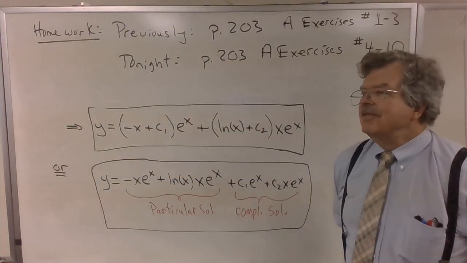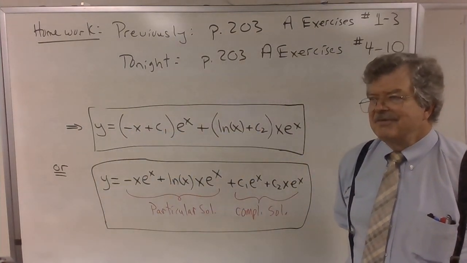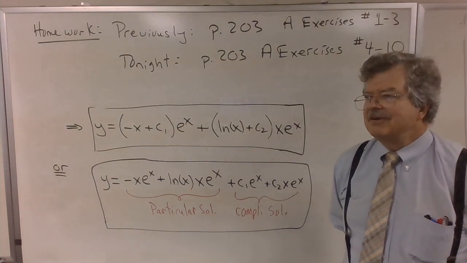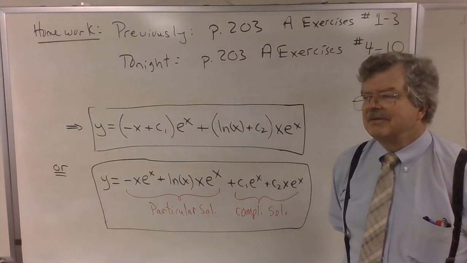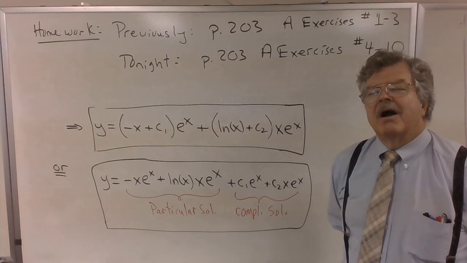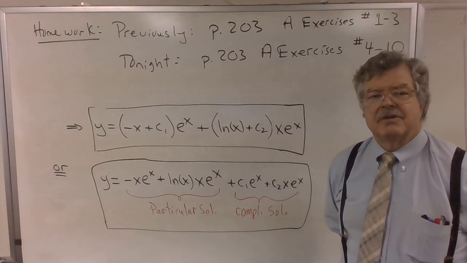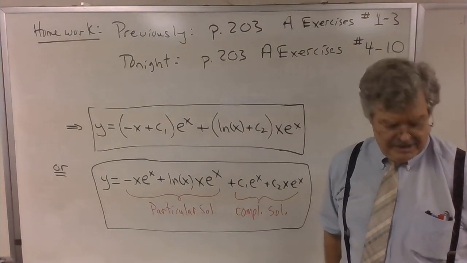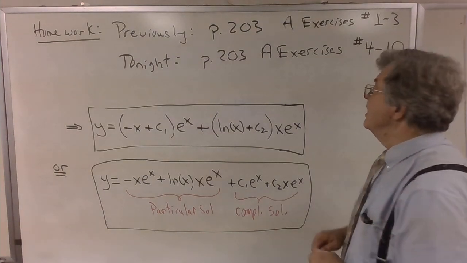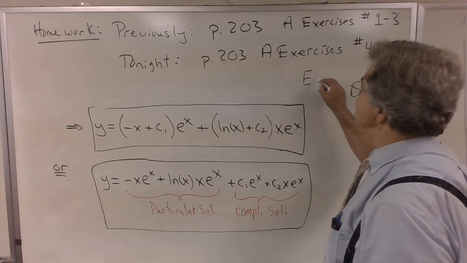So, this concludes linear differential equations with constant coefficients. Our next topic is going to be what's called Euler Equations, and I'm not saying that correctly. This is a French last name.